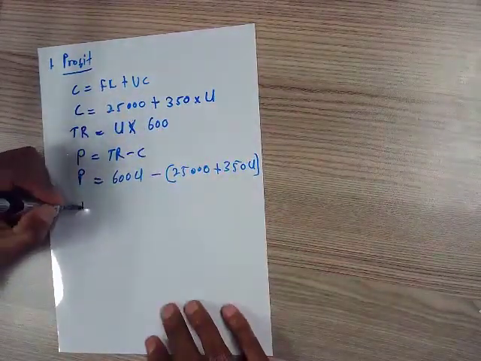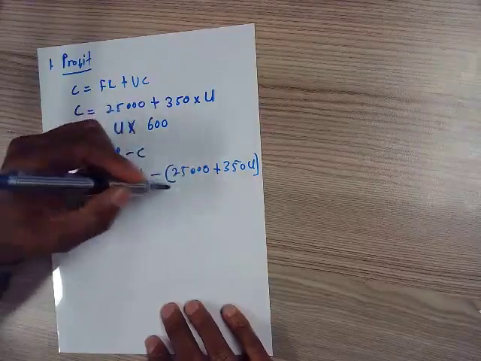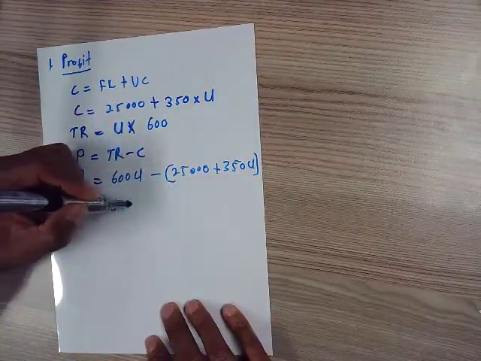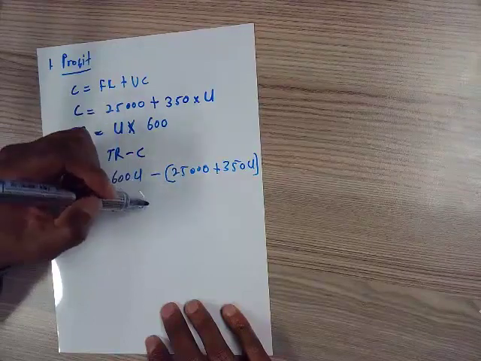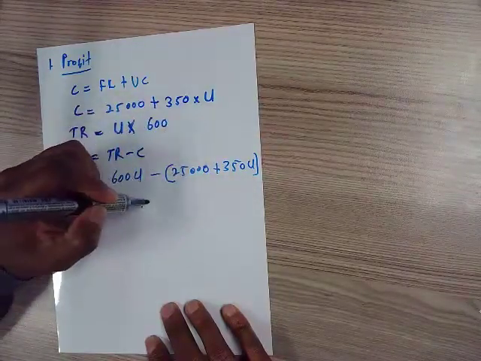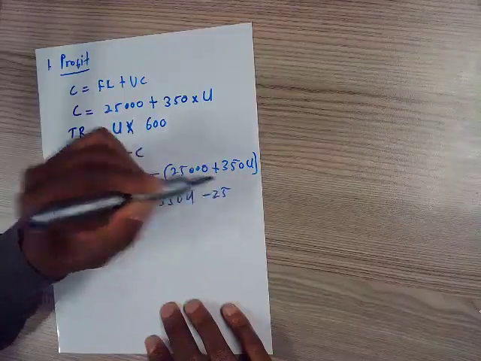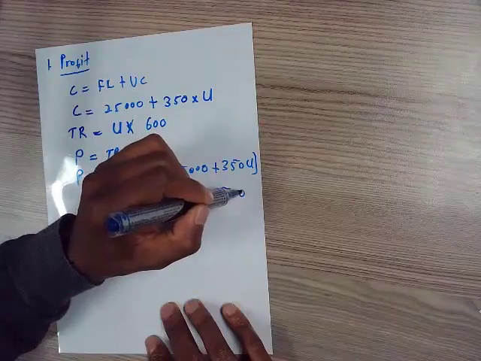Okay, and now what's it going to be? It's going to be 600 units minus 225,000.